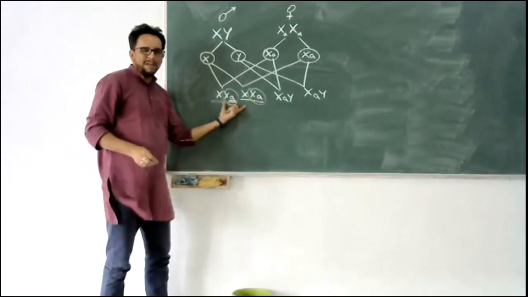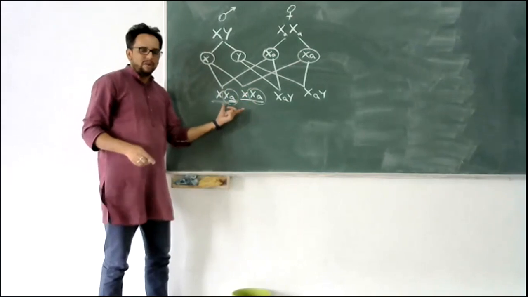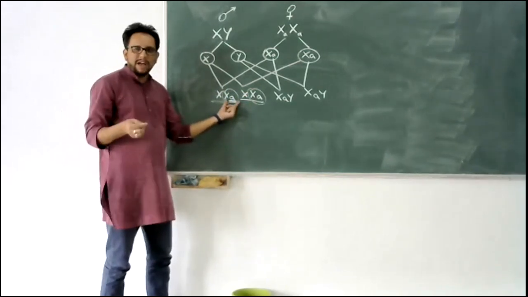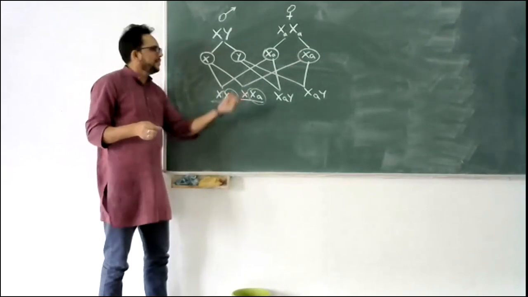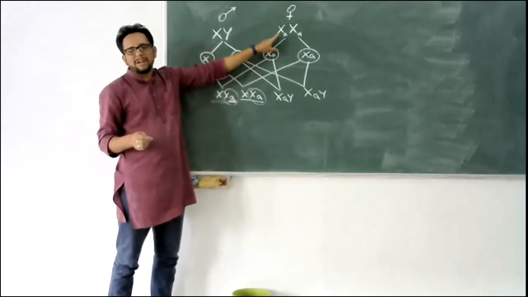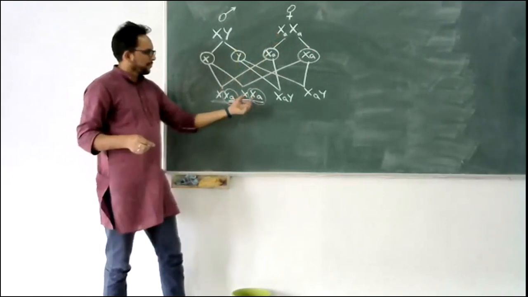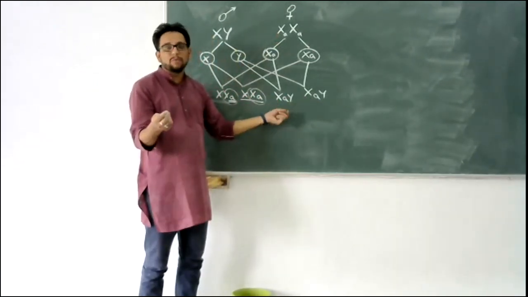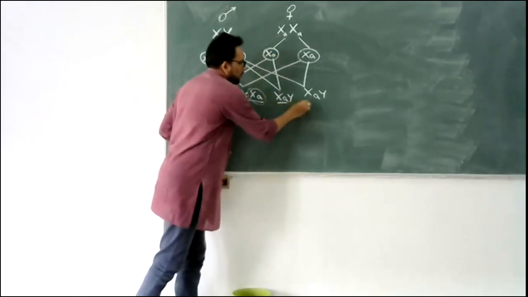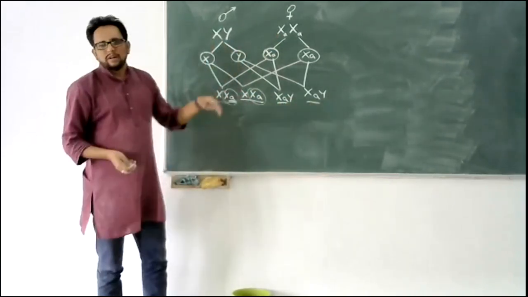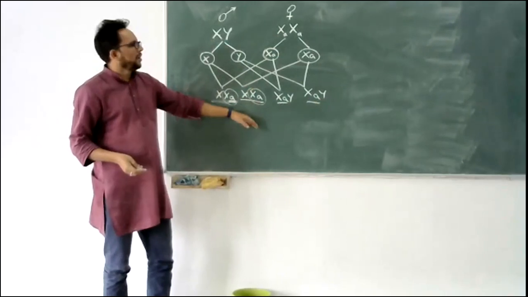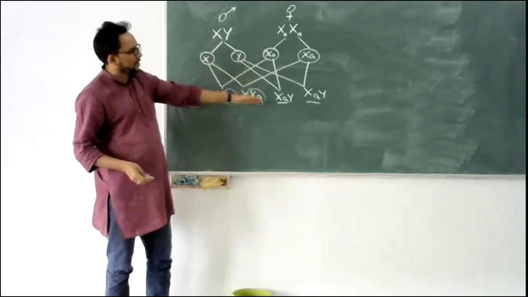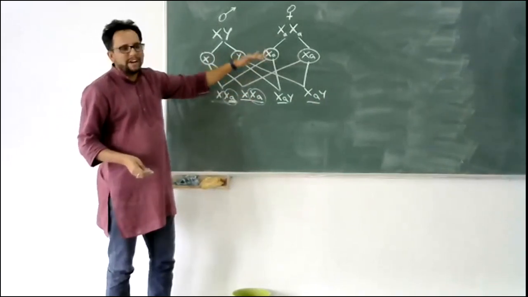So this female child, even though she has only one set of affected allele, will still express this particular phenotype which was expressed by the mother. And in the case of male, because they have only one X chromosome which is affected, they are also going to show the effect in general. So that is how the transfer of this trait happens.